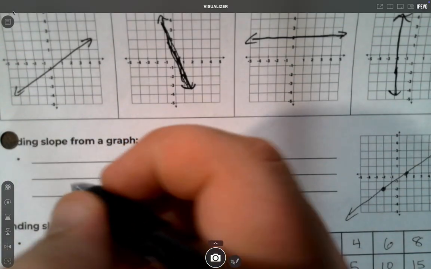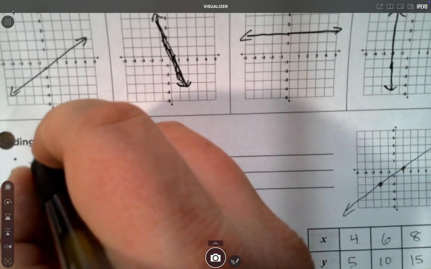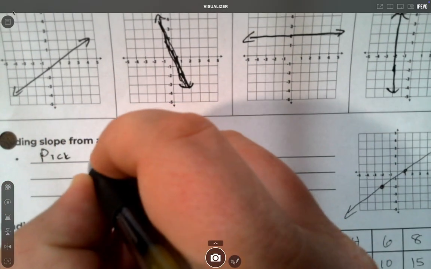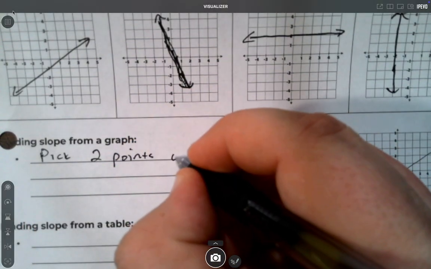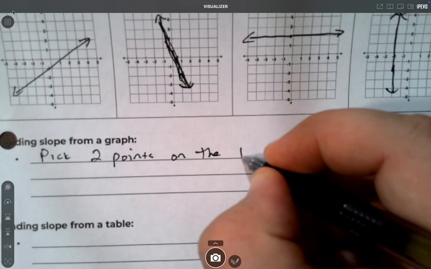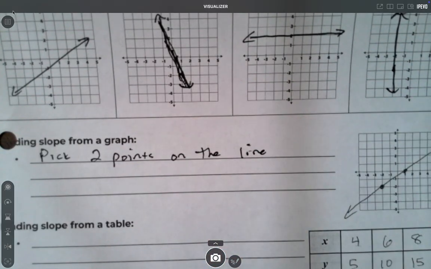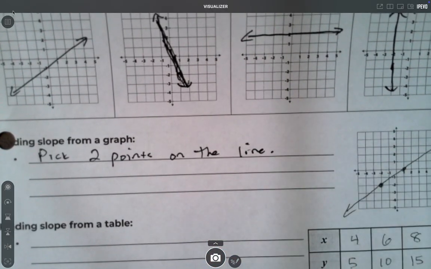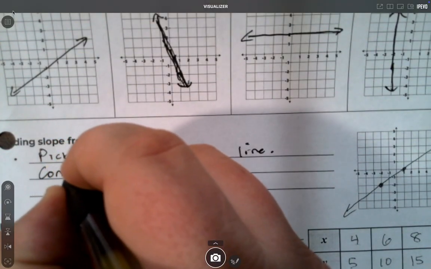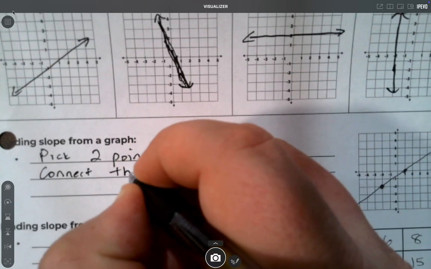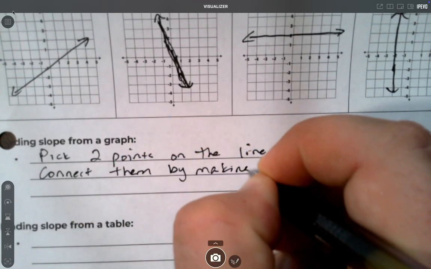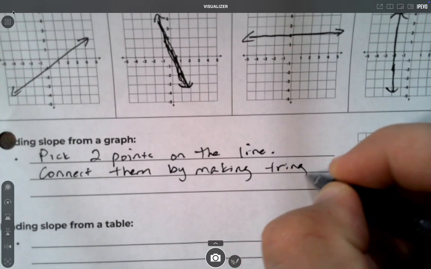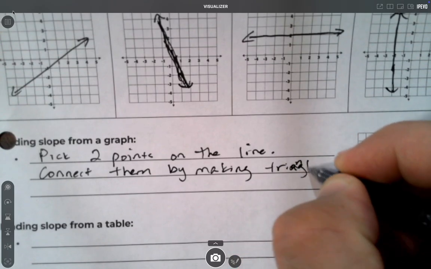So there's 3 different ways we'll have to learn to find a slope. One is finding slope from a graph. To do that, pick 2 points on the line. Connect them by making a triangle.